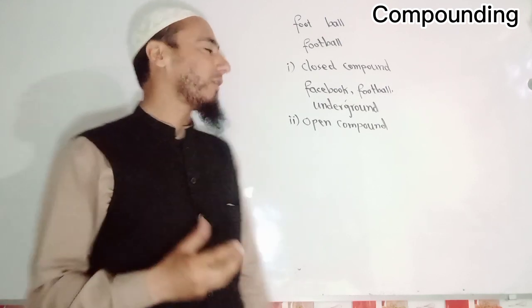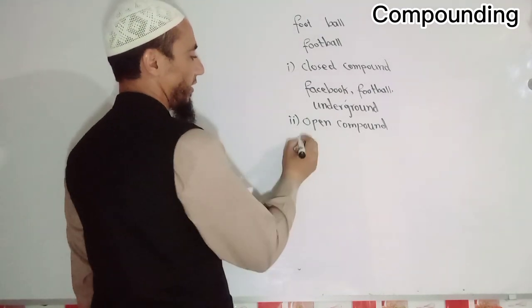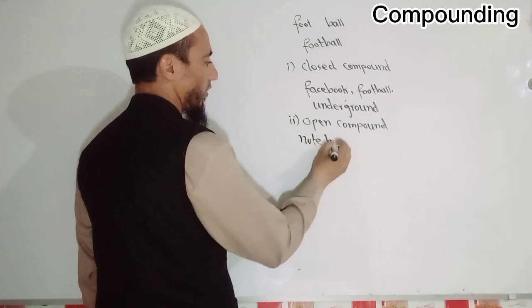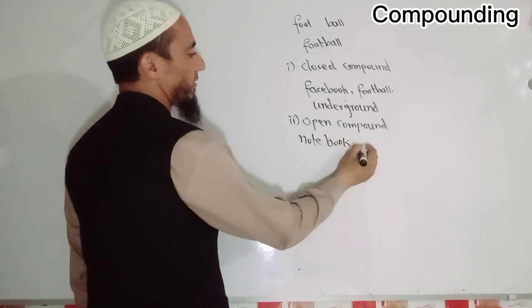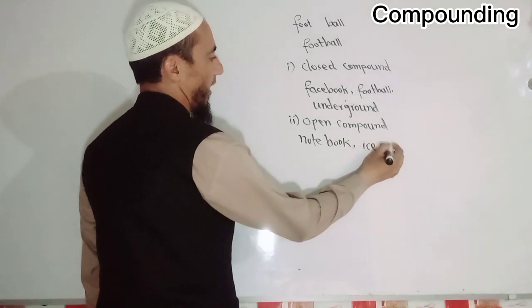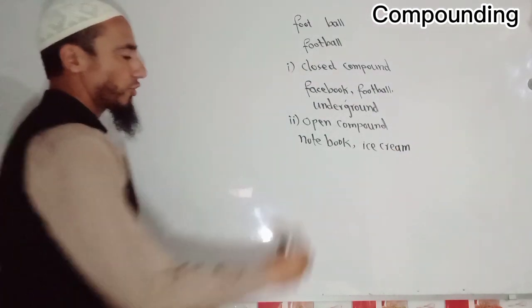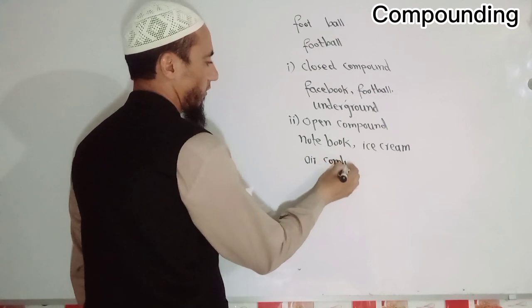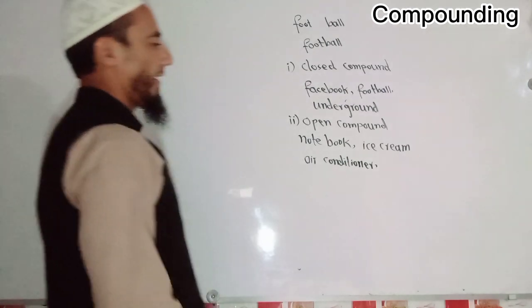A little space is found between them. For example, I'm writing certain words. Take the example of notebook. This is one example. Another example is ice cream. Yes, ice cream. Air conditioner, etc.